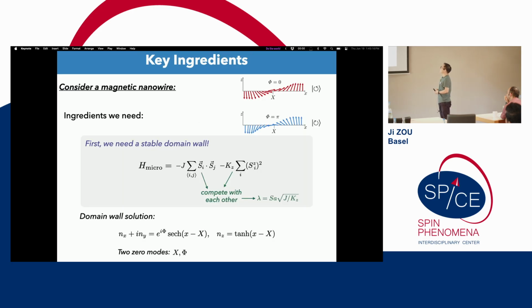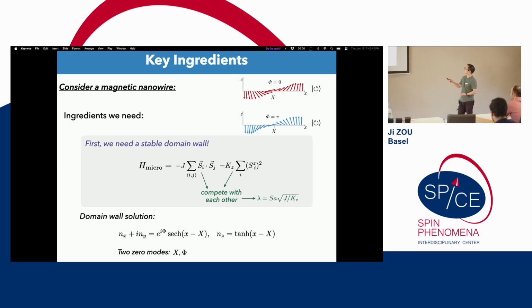Okay, so of course, I need to tell you what ingredients we need to make these textures qubits. The first thing we need is a stable domain wall. To have a stable domain wall is very easy. We just need to introduce some length scales in the Hamiltonian. For example, we can add an anisotropy in the z-axis.